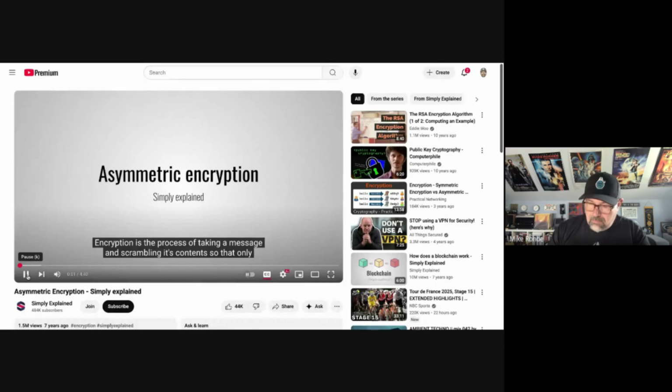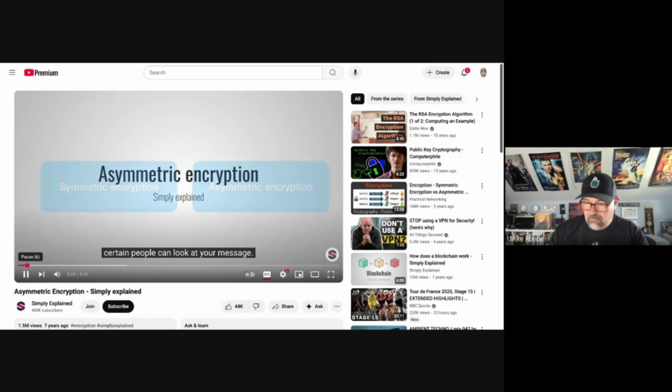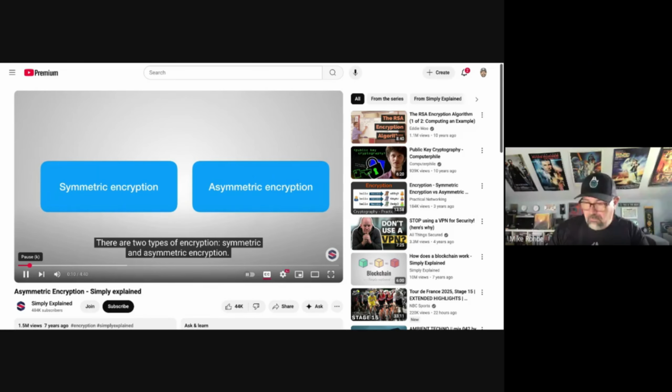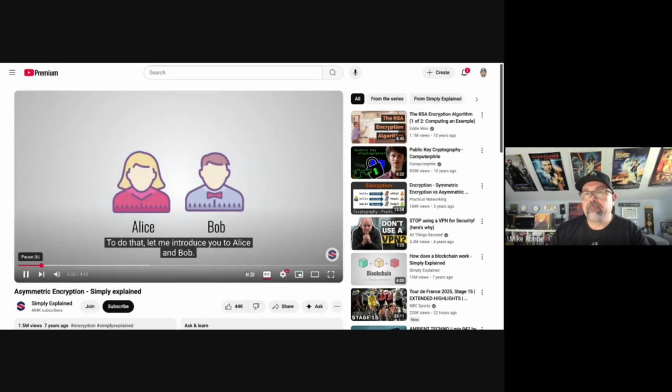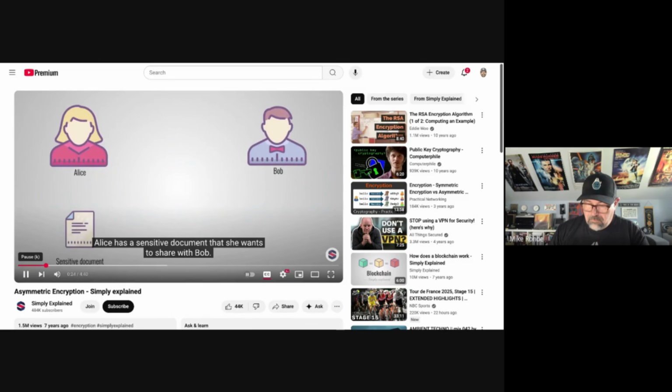Encryption is the process of taking a message and scrambling its contents so that only certain people can look at your message. There are two types of encryption, symmetric and asymmetric encryption. Let's first take a look at symmetric encryption to understand why asymmetric encryption was created. To do that, let me introduce you to Alice and Bob. Alice has a sensitive document that she wants to share with Bob.